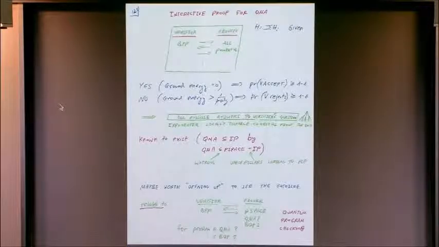And well, such a thing is known to exist. We know that QMA is in IP, by QMA is in PSPACE, and PSPACE is equal to IP, the class of problems that can be proven in this way. PSPACE is the class of problems that can be solved in polynomial space. So this has been known. But first of all, this proof is extremely complicated.